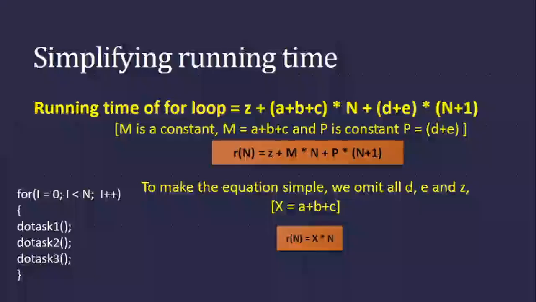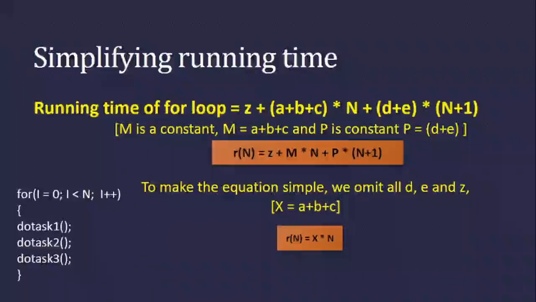Now to simplify this, let us consider m as a plus b plus c and p as d plus e. Then the above equation can be written as z plus m into n plus p into n plus 1. Now to make the equation simpler, we can omit d, e and z.